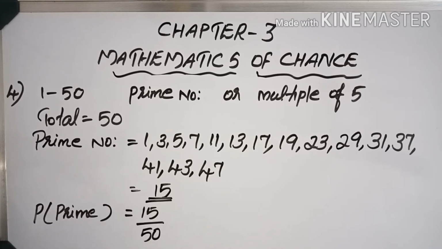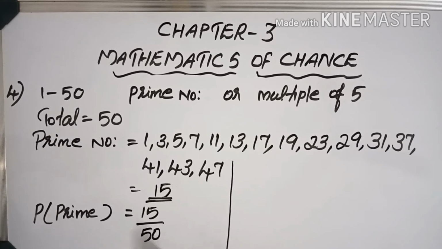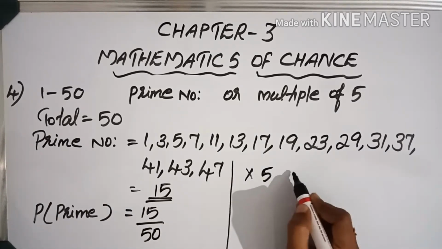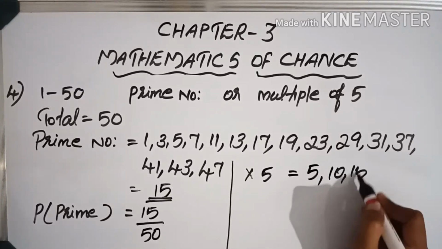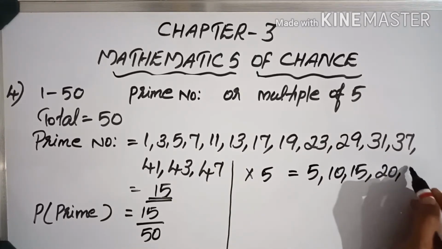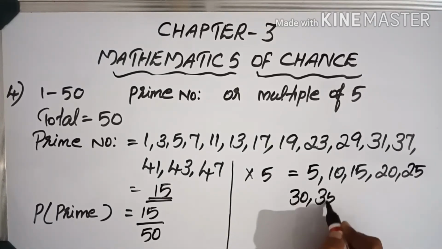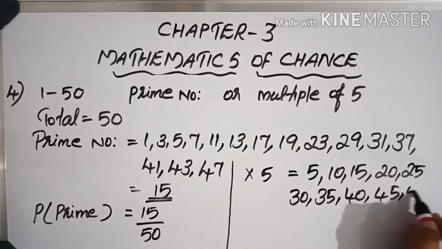Similarly, we have to find the probability of getting a multiple of 5. Multiples of 5 between 1 and 50 are 5, 10, 15, 20, 25, 30, 35, 40, 45, 50.